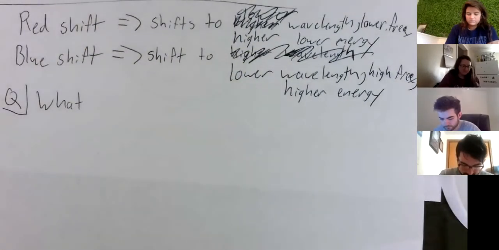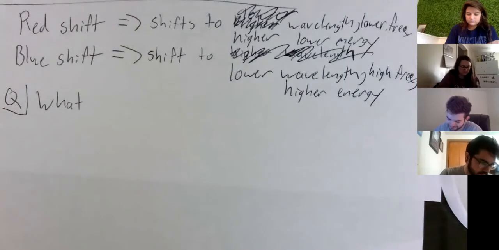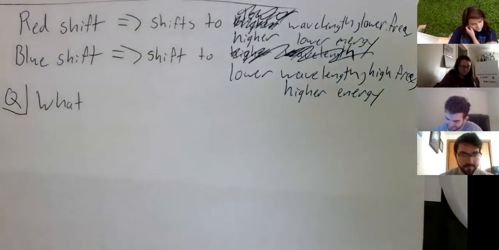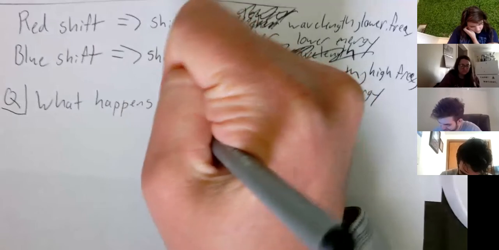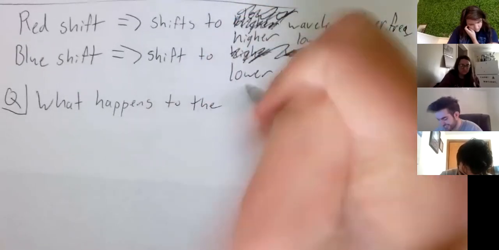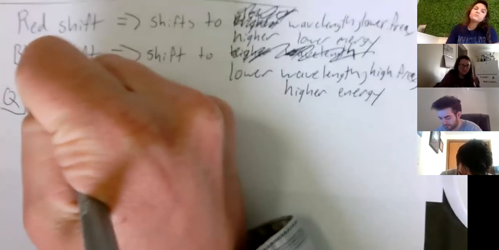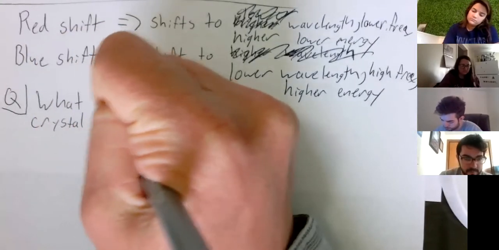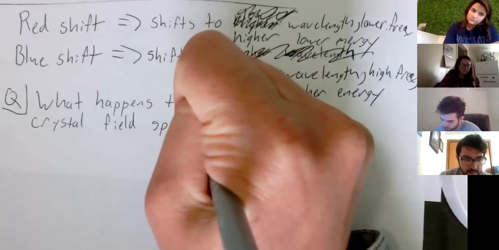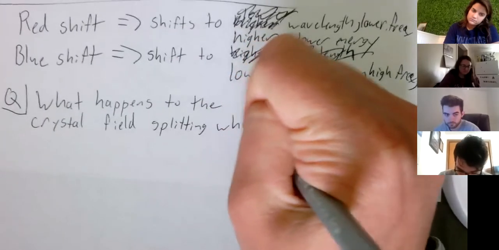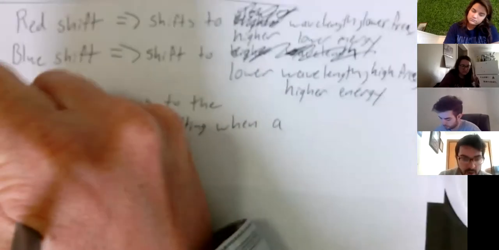What happens to the crystal field or the ligand field as we undergo a redshift? What happens to that splitting when a redshift occurs?